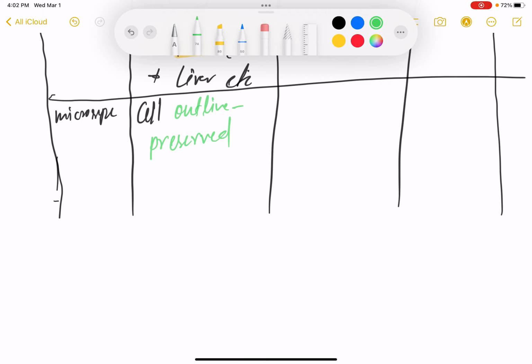But in liquefactive necrosis, the cell outline is not preserved. So do remember, friends.